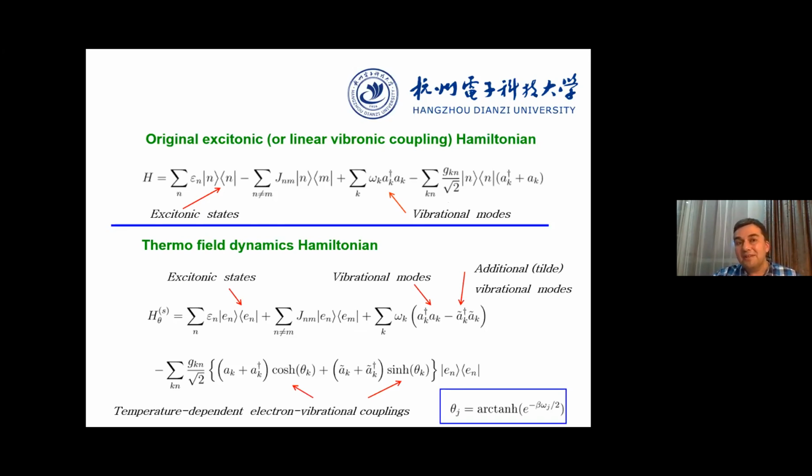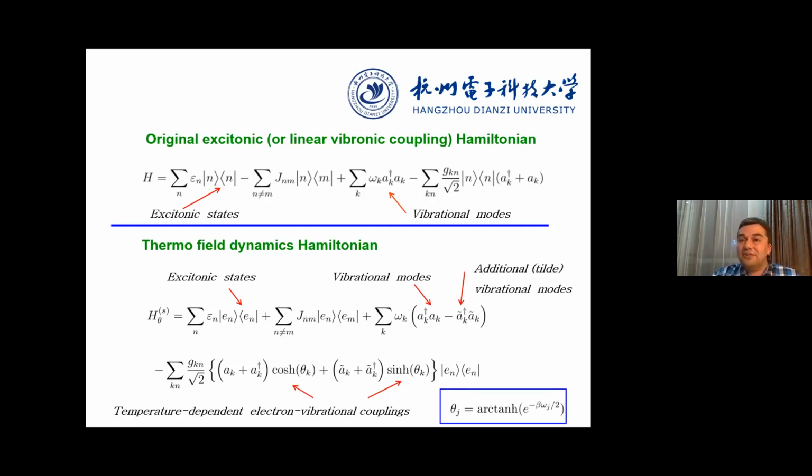For that matter, we will consider the standard, or original, let's say, excitonic Hamiltonian if we think about molecular aggregates, or linear vibronic coupling Hamiltonian if we think about polyatomic chromophores. So what we have is a bunch of electronic states, possibly with couplings, and we have a certain number of vibrational modes.